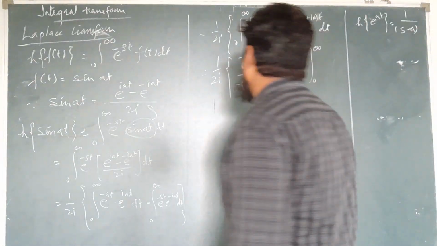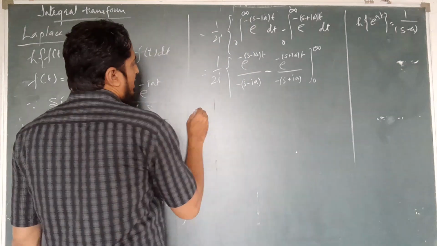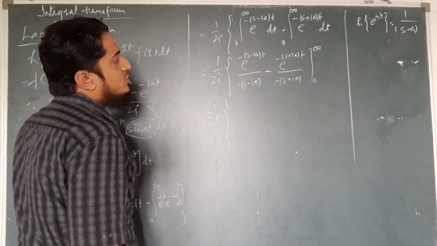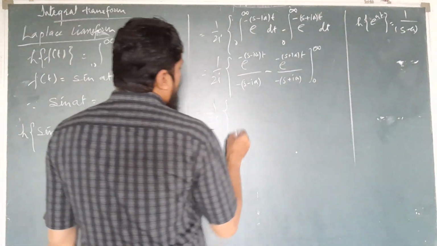Whenever we put infinity, we will get 0, and whenever we put 0, we will get 1.